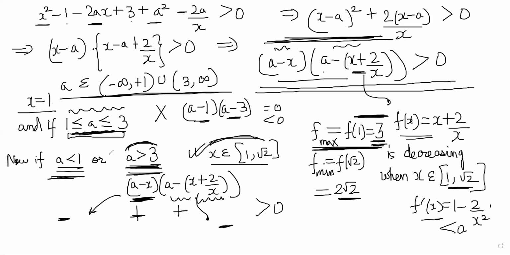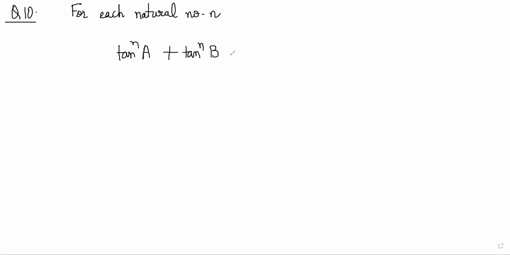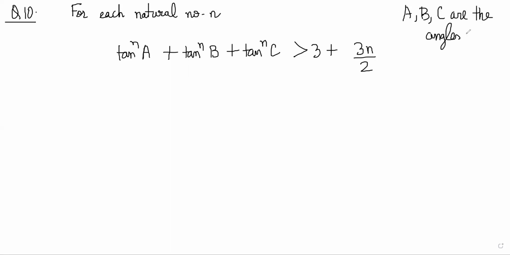This is question number 10. Here we have to show that for each natural number n, tan power n A plus tan power n B plus tan power n C is greater than 3 plus 3n by 2, where A, B, C are the angles of any acute triangle ABC.